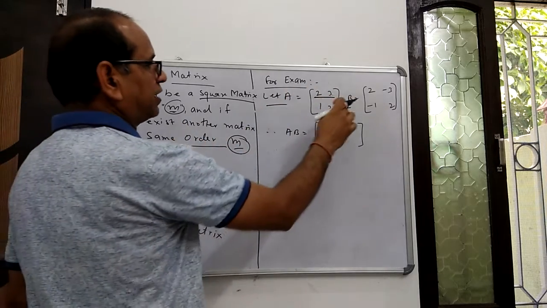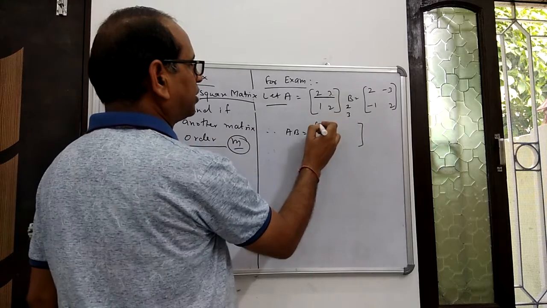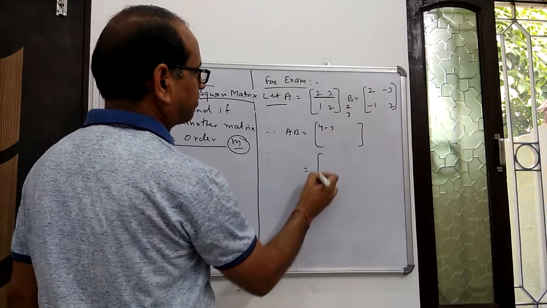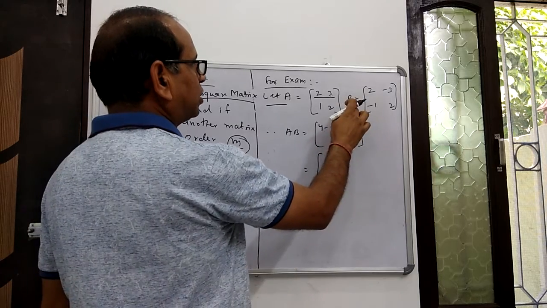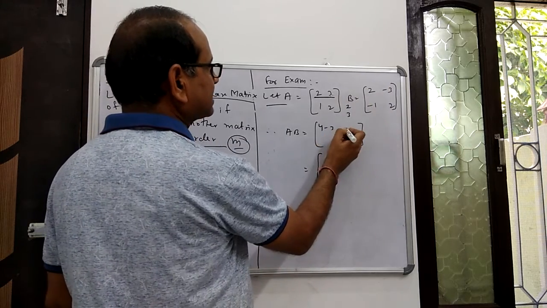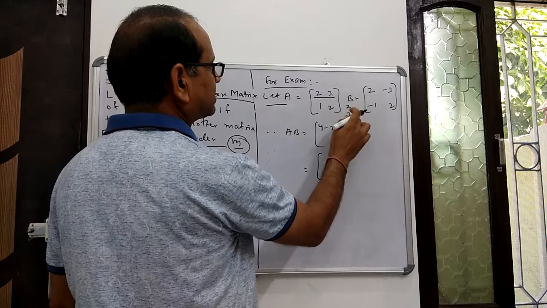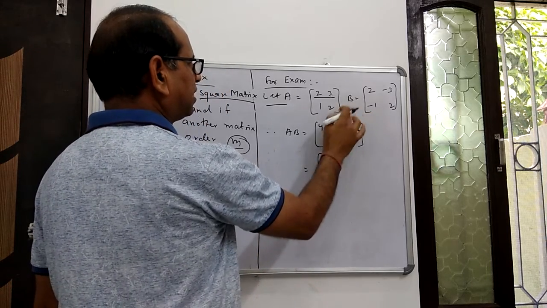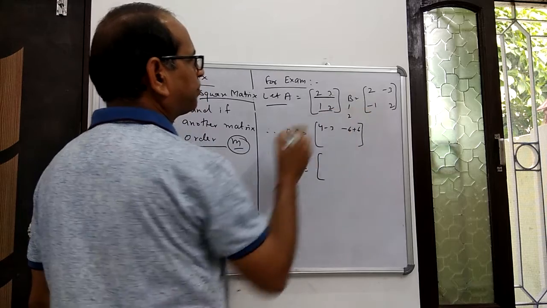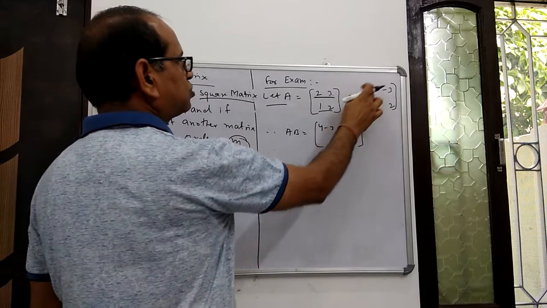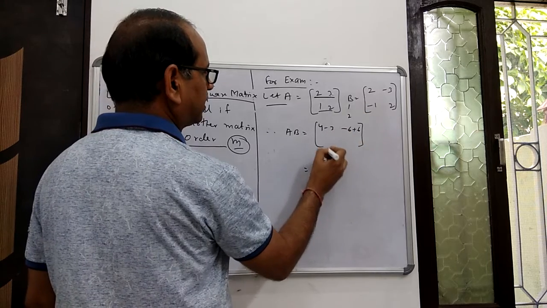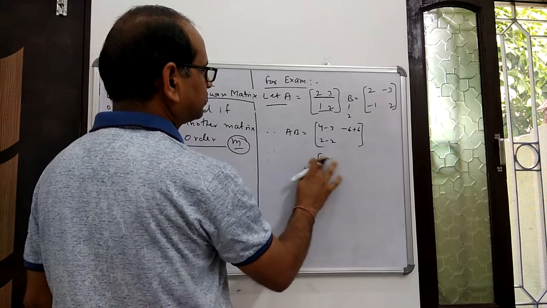It is 2, 3. So 2 times 2 is 4, and 3 times minus 1 is minus 3. Then 2 times minus 3 is minus 6, and 3 times 2 is plus 6. Now I am taking the second row. 2 times 1 is 2, and 2 times minus 1 is minus 2.